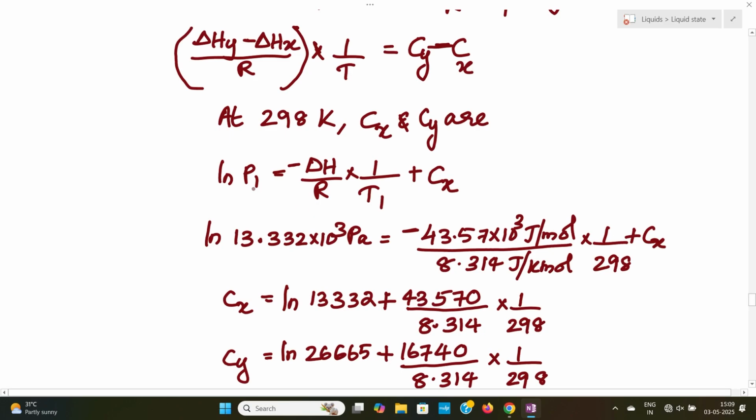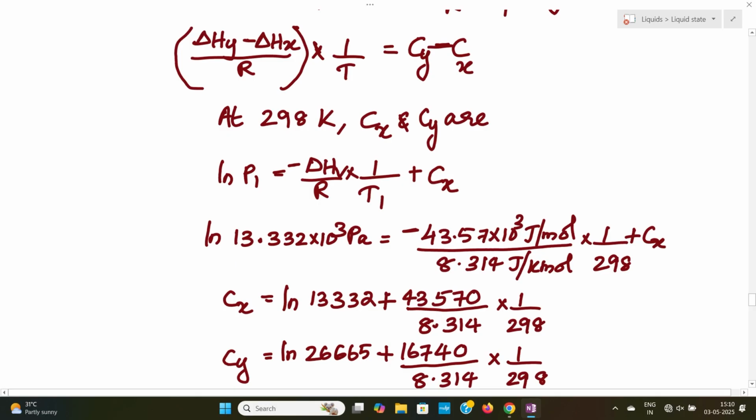For that, ln P1 is equal to minus delta H by R into 1 by T1 plus Cx. So we are substituting all the values here. ln 13.332 into 10 power 3, that is kilopascal converted into Pascal. Here the delta H vaporization is minus 43.57 into 10 power 3 joule per mole.